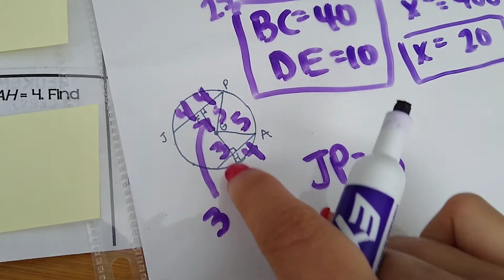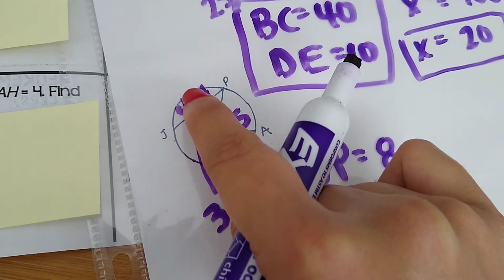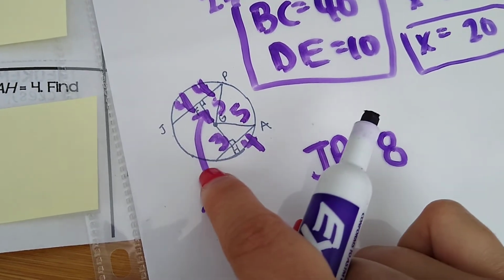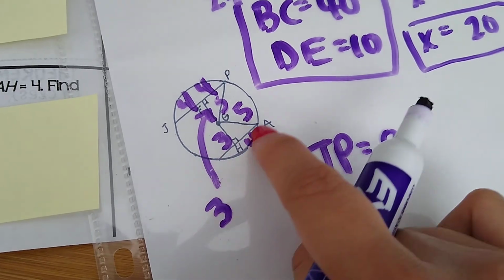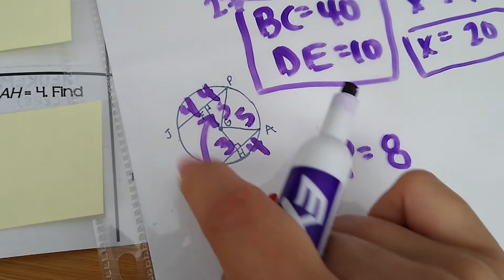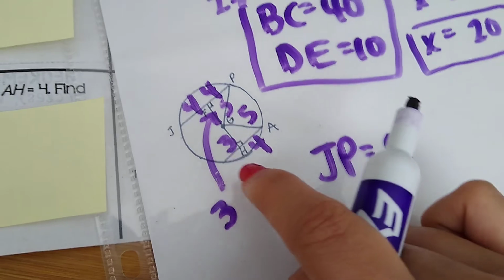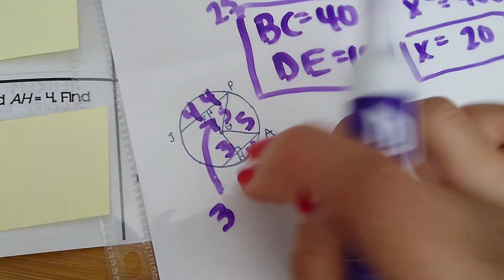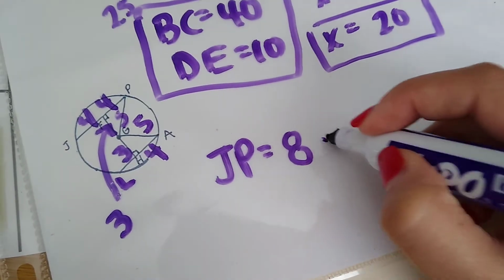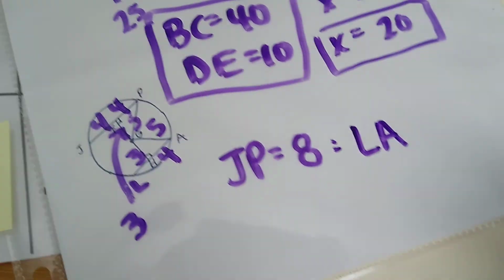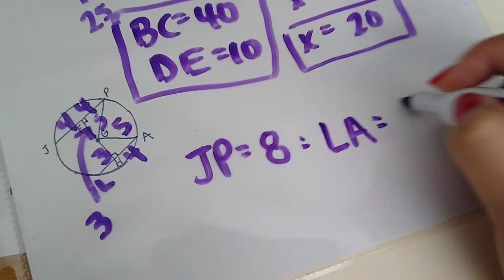And then we concluded that JP is congruent to this chord right over here. This one doesn't have a name, but they're congruent because they're equidistant. So LA, oh, you know what? I actually forgot. This is LA right here. That's also congruent to JP. Therefore, it's also equal to 8.